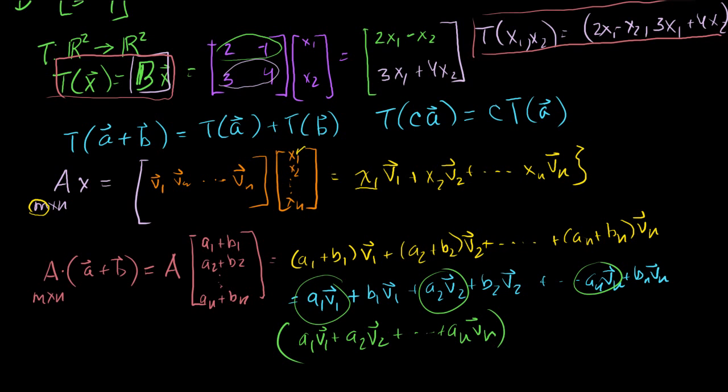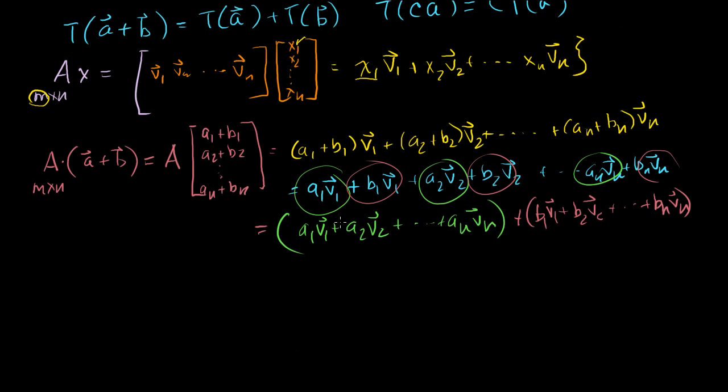We get that plus all the b terms. All the b terms I'll do in this color. So plus b1 times v1 plus b2 times v2 all the way to plus bn times vn. That is equivalent to this statement up here. I just regrouped everything, which is, of course, equivalent to that statement over there.